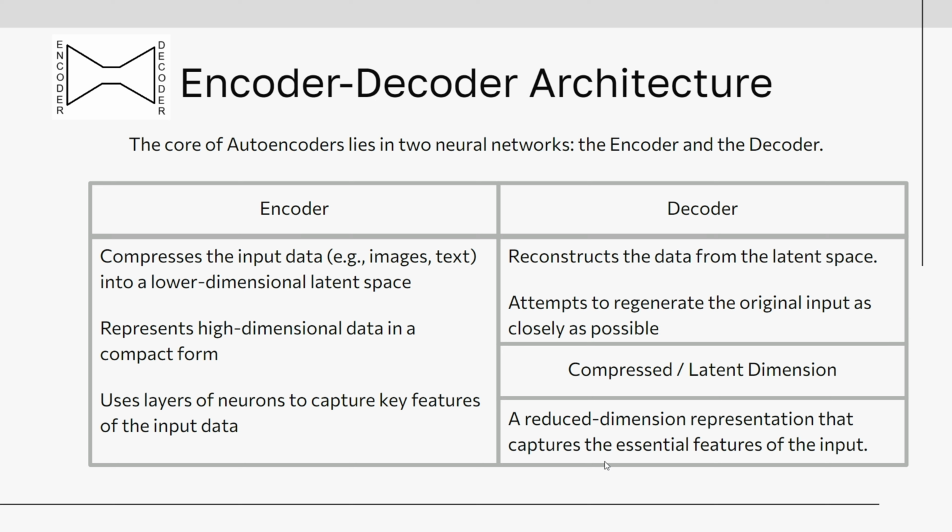Now, what is the use of that compressed or dimensionality reduction space? A reduced dimensional representation of any input data can be used as a feature extraction technique to extract only the important features out of any given data, or we can use it for dimensionality reduction, similar to how we use PCA to reduce the dimension of the input data.